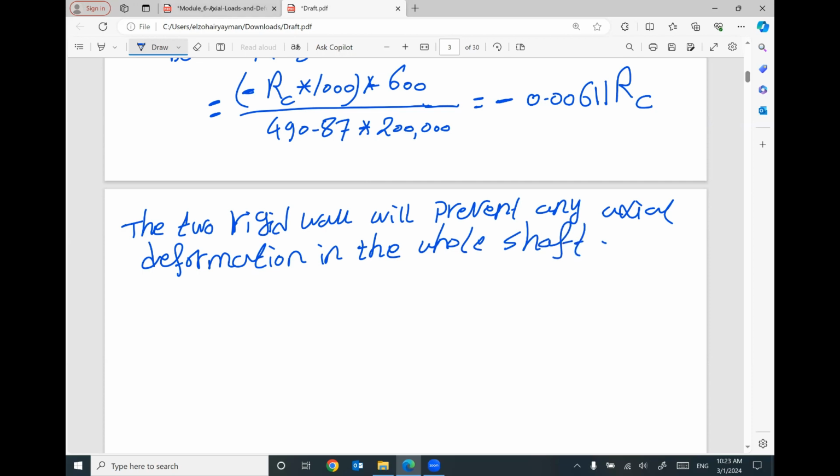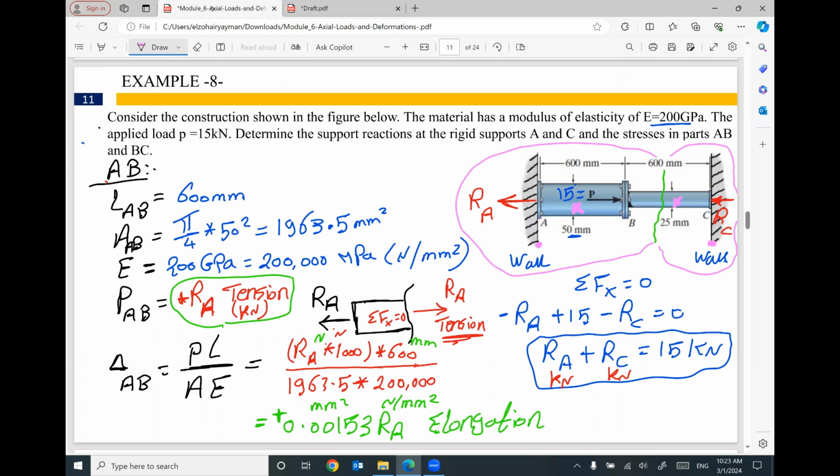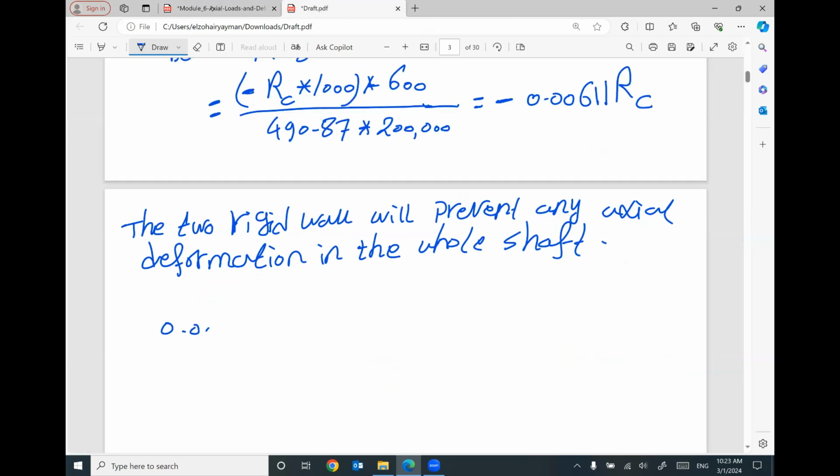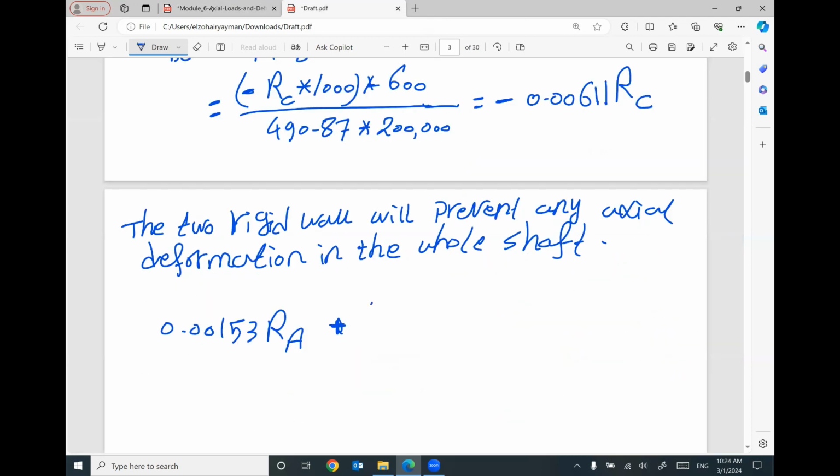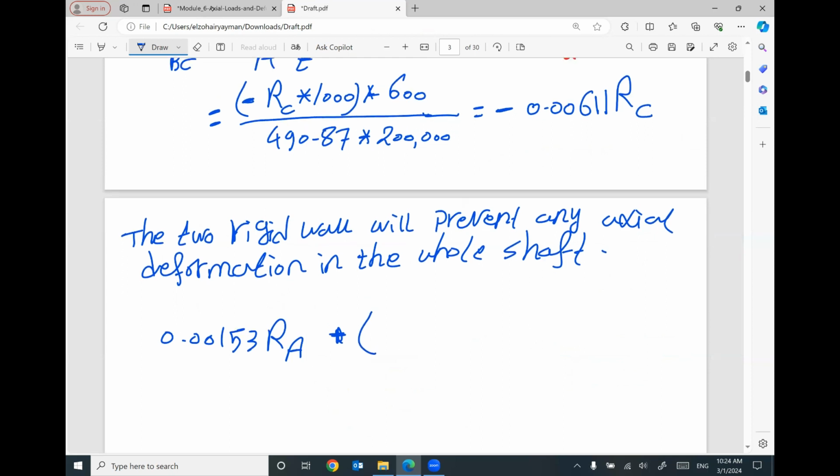That means the axial deformation that happened in part AB, which is 0.00153 reaction at A, plus the axial deformation that happened in part BC, which is negative 0.00611 RC, must equal 0.